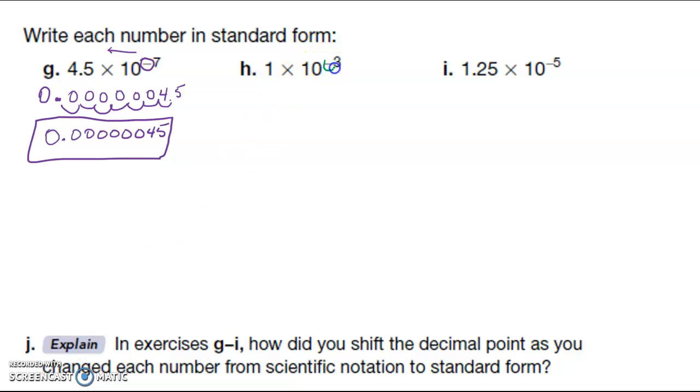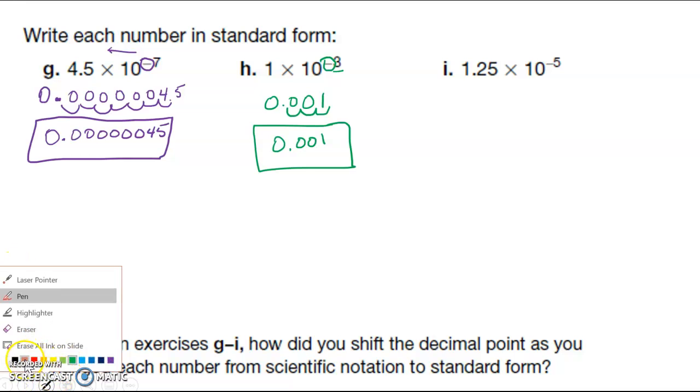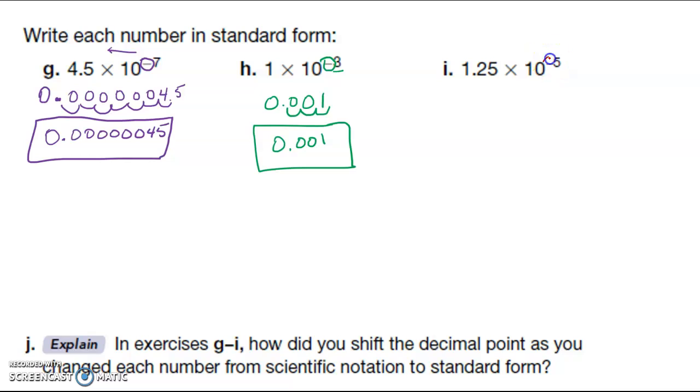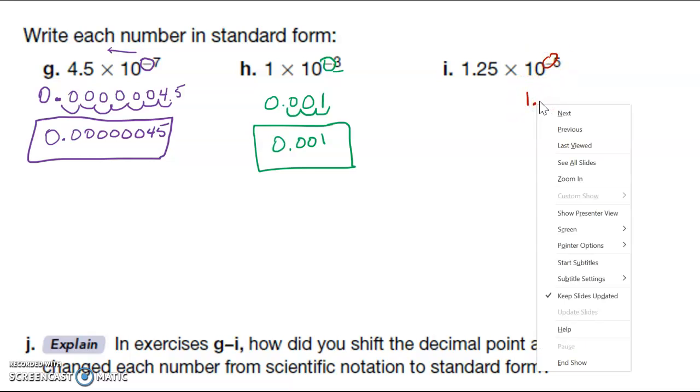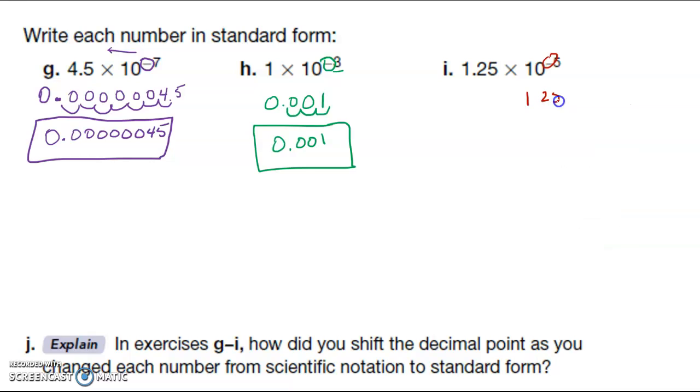This one is to the negative 3, so we go 1, 2, 3. So I have 0.001 in standard form. Over here, I have to the negative 5 with 1.25.